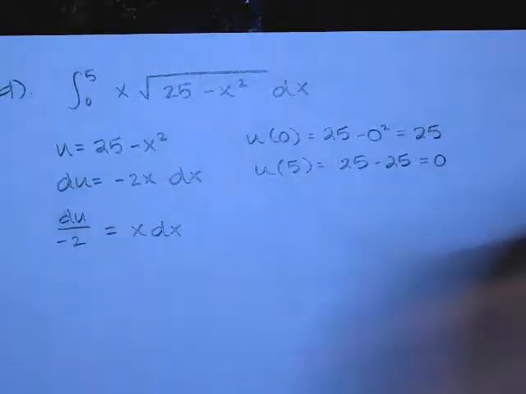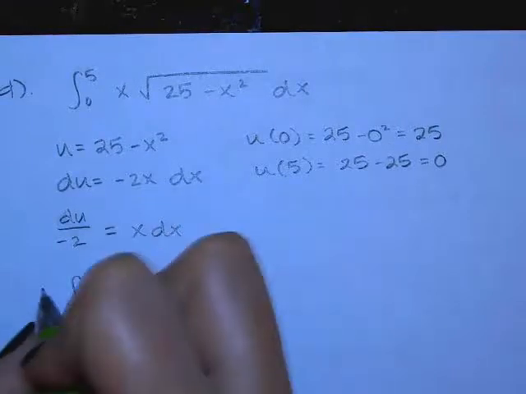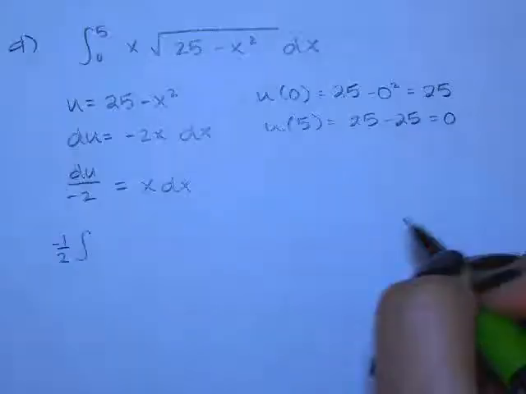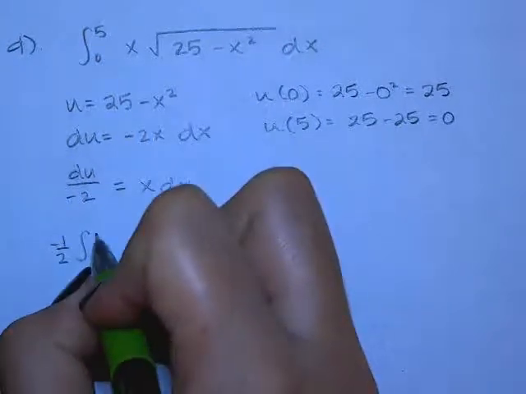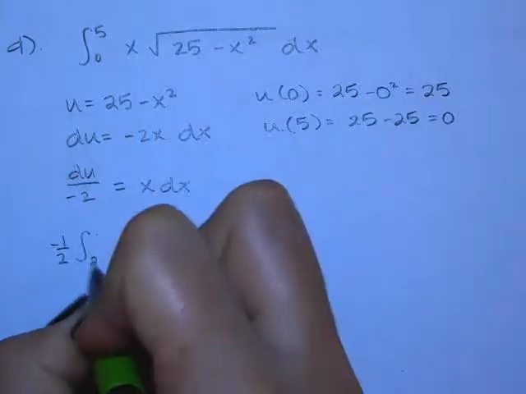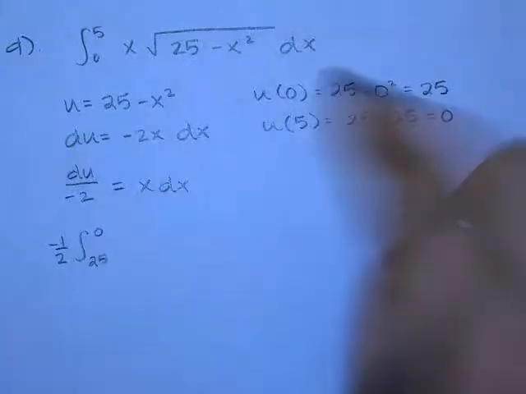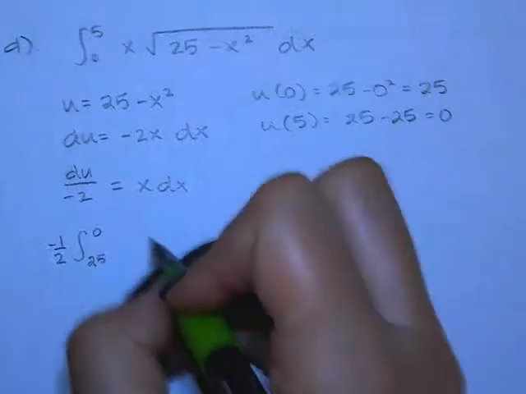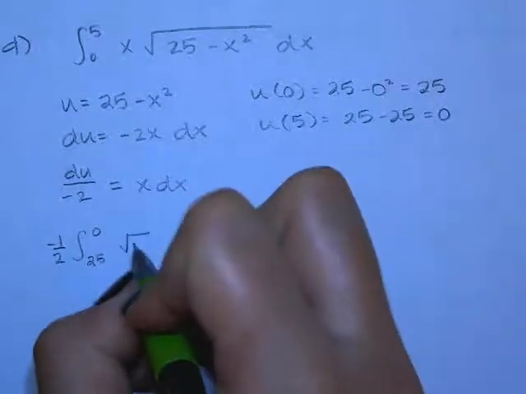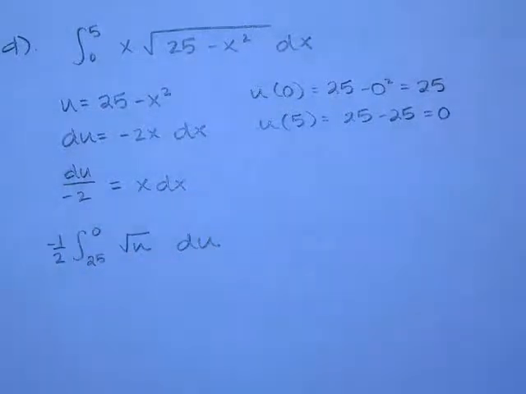So if I'm doing this problem in terms of u, I went ahead and put the -1/2 in the front. Instead of going from 0 to 5, I'm going from 25 to 0. So 0 became 25, 5 became 0. And then I've got square root of u du.